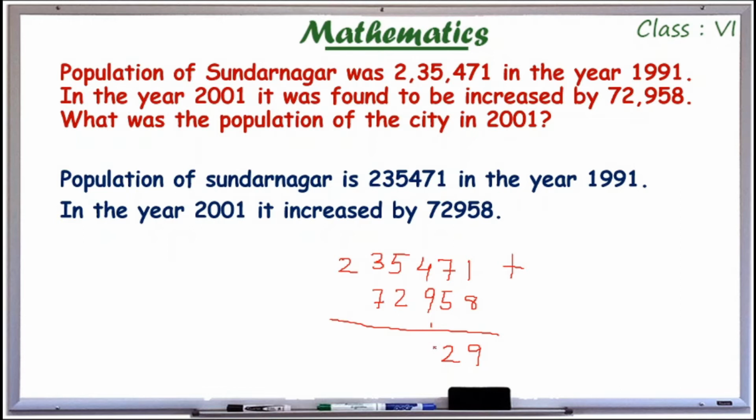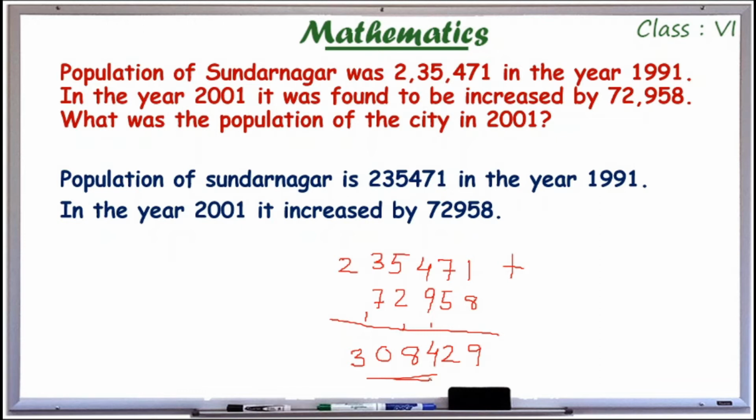Then 9 plus 4 is 13, 13 plus 1 is 14, remainder 1. Then 1 plus 2 plus 5 is 8, 7 plus 3 is 10, and 1 plus 2 is 3. I hope you know how to add.